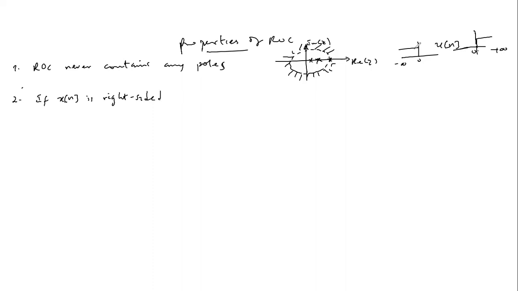That is, when the unit impulse response is of the form minus n, okay, so means we have from 0 to negative infinity.